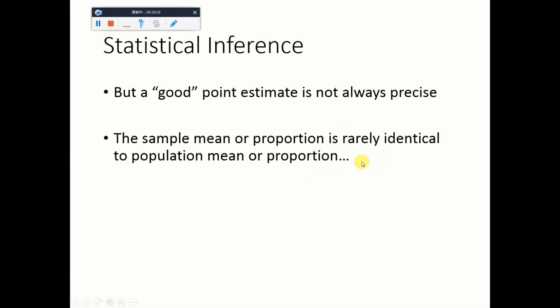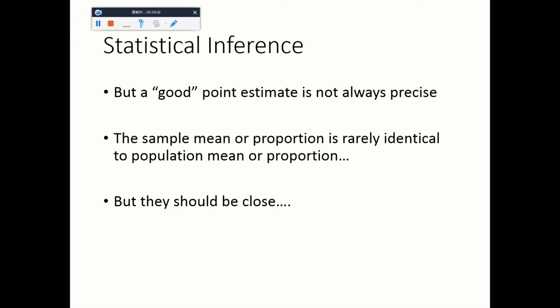So, in plain English, it simply means that the sample mean or sample proportion, the two statistics that we focus on here, is rarely identical to the population mean or proportion, but the good thing is that they shouldn't be too far away from them.